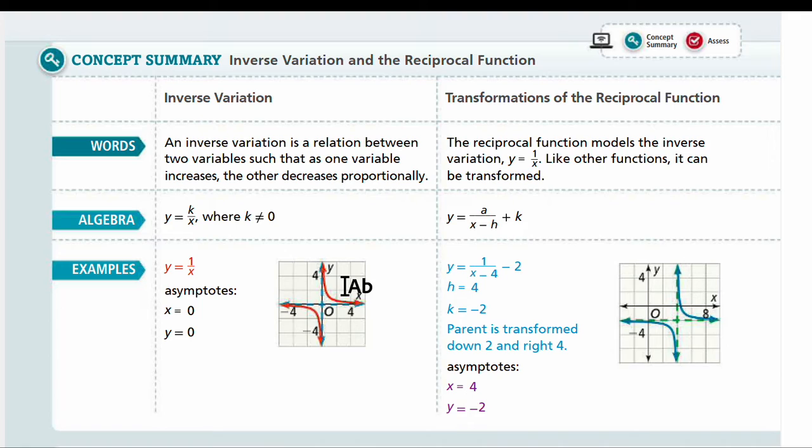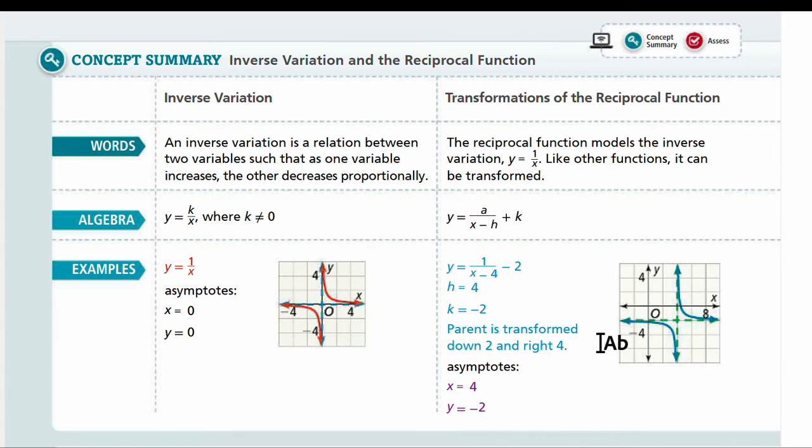They are inversely proportional. So y is equal to k over x would be the equation that could explain your relationship, and this also maps a reciprocal function. So inverse variation and reciprocal function follow the same idea.